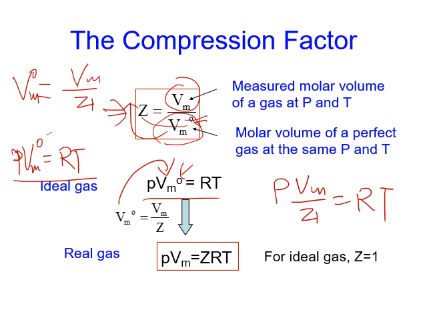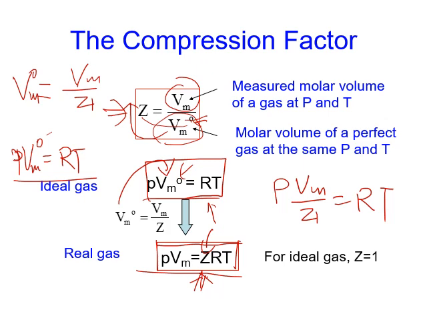So compare with the ideal gas law. This is the ideal gas law, and this is the gas law we just derived for real gas. In fact, this equation can be applied to any gas, ideal or non-ideal. If it's ideal, then Z is 1, and that goes back to the ideal gas law.